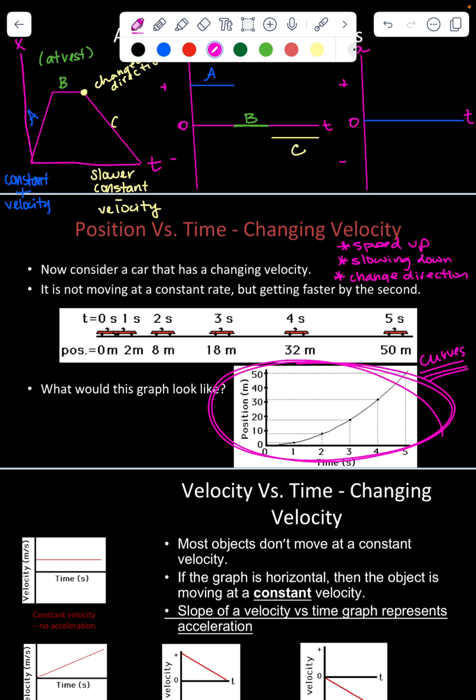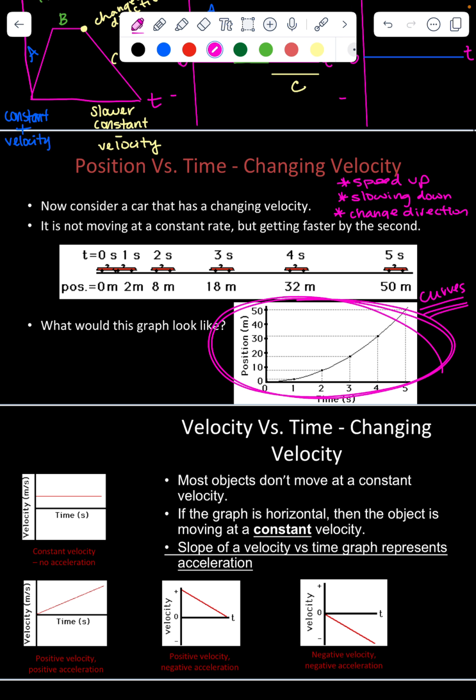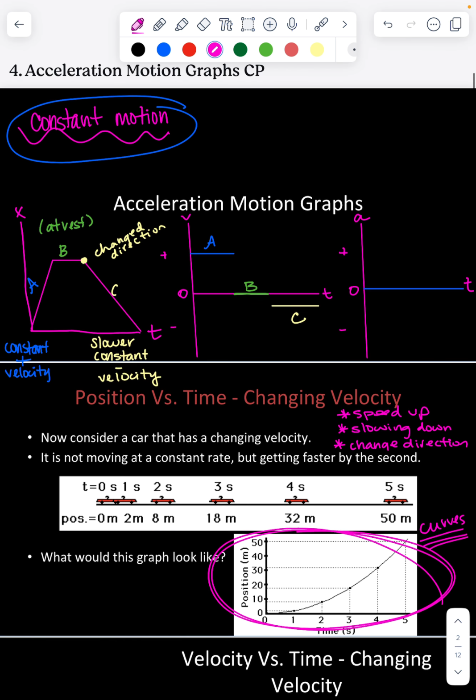Just like we saw in our lab, most objects don't necessarily move at a constant velocity. Even if they are moving at a constant velocity, in order for them to change to another constant velocity, it's not going to happen instantaneously. Sometimes they're going to have to either slow down or speed up to get to another constant velocity.